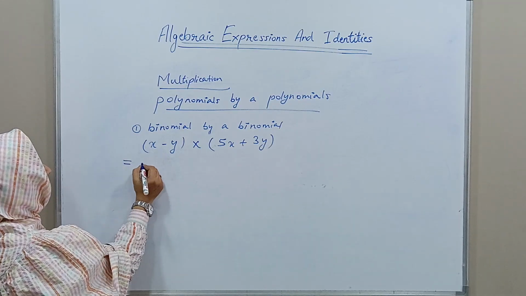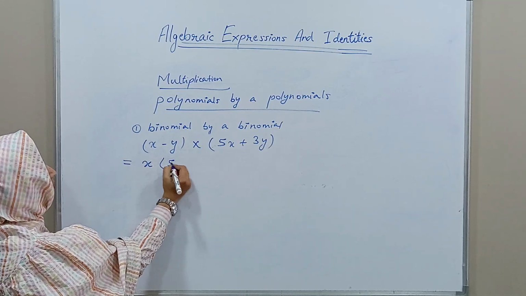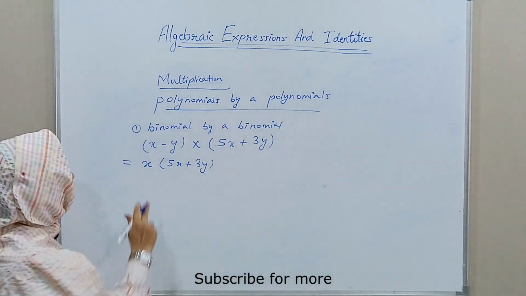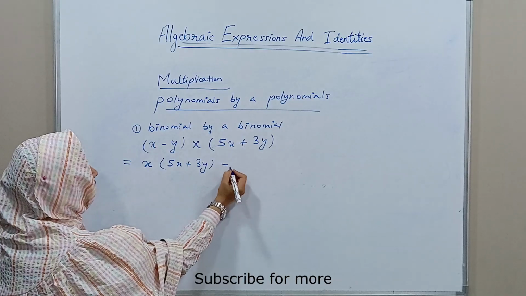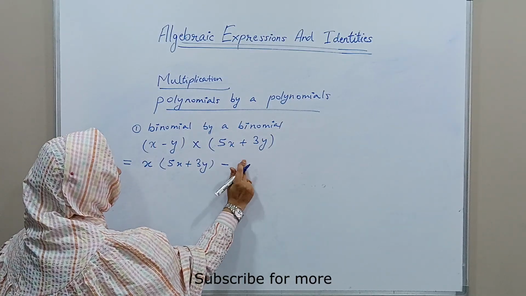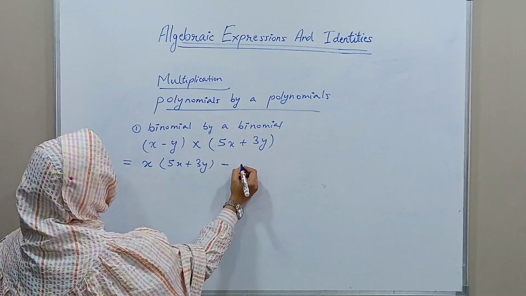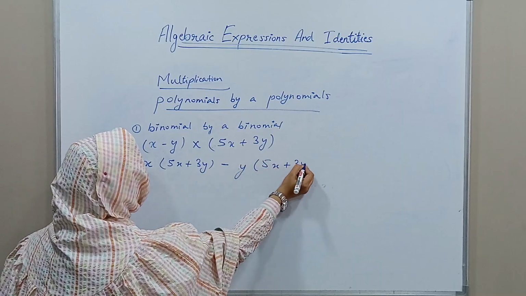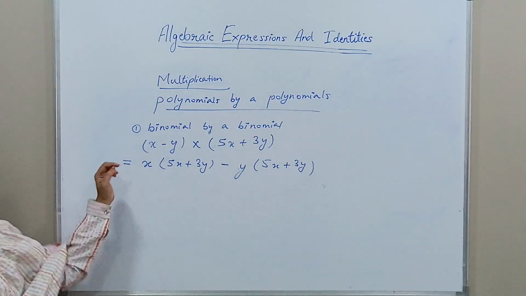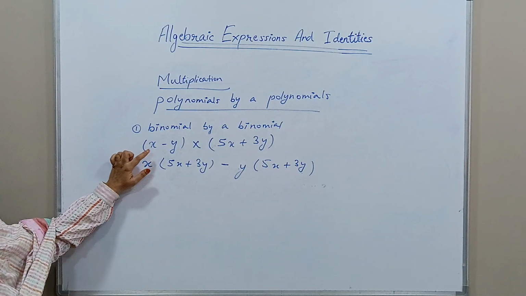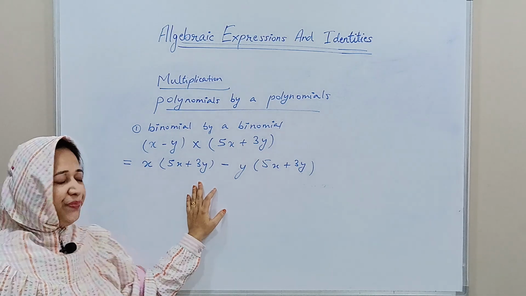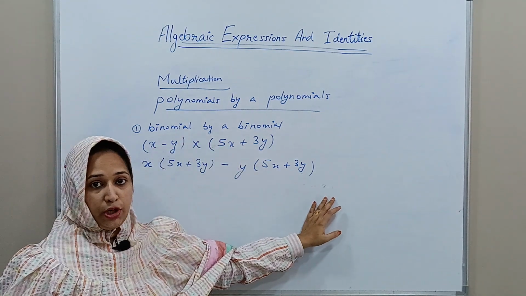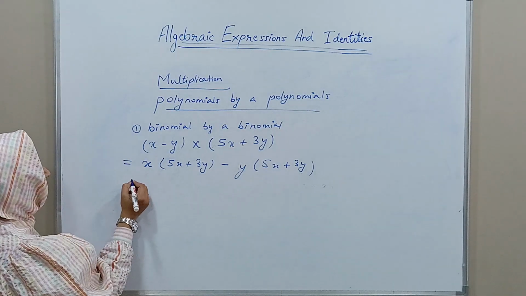Let us take the first term x and complete the second binomial as it is, that is 5x plus 3y. Then you have a minus sign, so put a minus sign, and then the second term y into 5x plus 3y. So, multiplying the first term of the first binomial with the complete second binomial, then the second term of the first binomial with the complete second binomial. Now let us simplify.